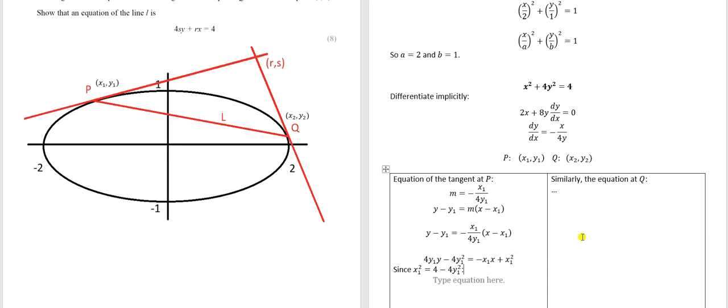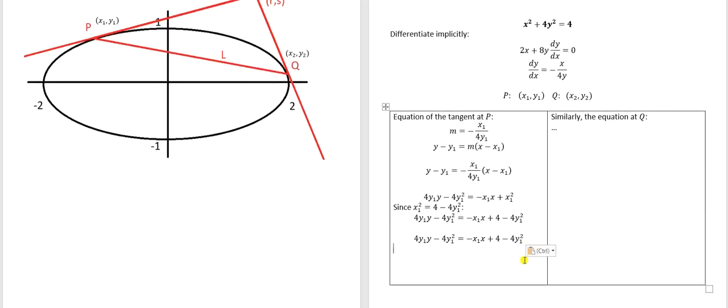However you prefer to do it. It's possibly slightly more elegant to add 4y squared to both sides and simplify that way. But I want to show that we can do it this way as well. 4 minus 4y1 squared. And now things cancel out. So if you take a good look at each side, we find that the minus 4y1 squared appears on both sides, and we can just get rid of it.